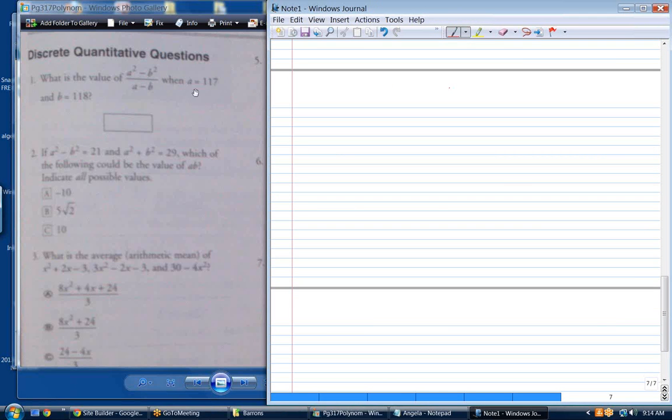All right, on this first one, can you read that? I can. Okay. And tell me how you're doing it. Factoring. Okay. a squared minus b squared.